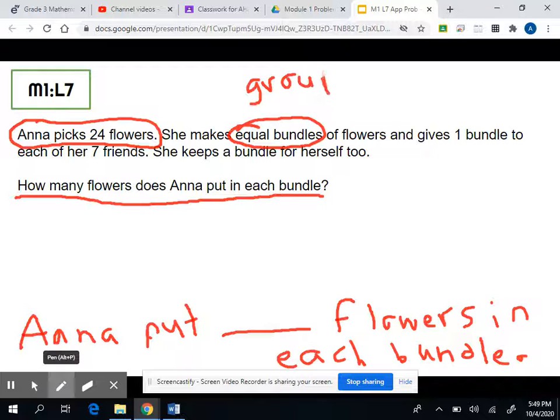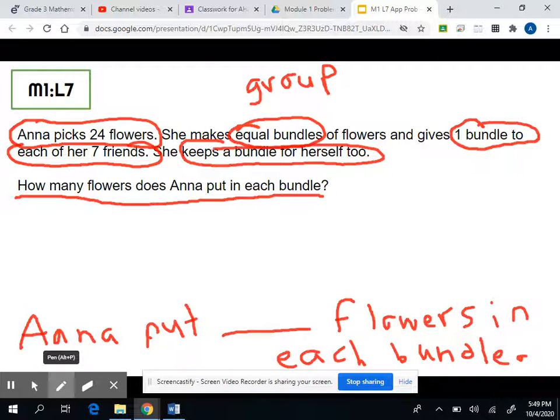A lot of times you'll hear people when they talk about flowers call them bundles, not groups. So she makes equal bundles or groups of flowers and gives one bundle to each of her 7 friends. So 7 friends get a bundle. She keeps a bundle for herself too.